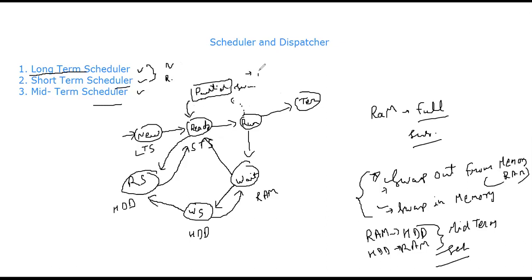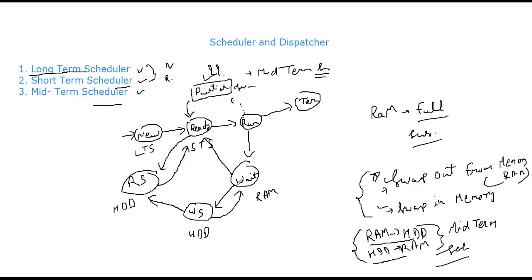And this is done by the mid-term scheduler. So we tend to get confused about what this is. What it is, is that I am sending processes out from memory and bringing processes into memory.